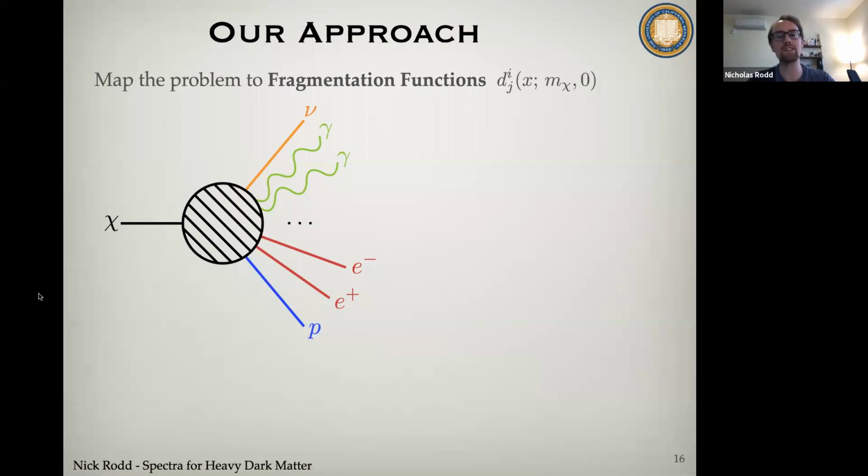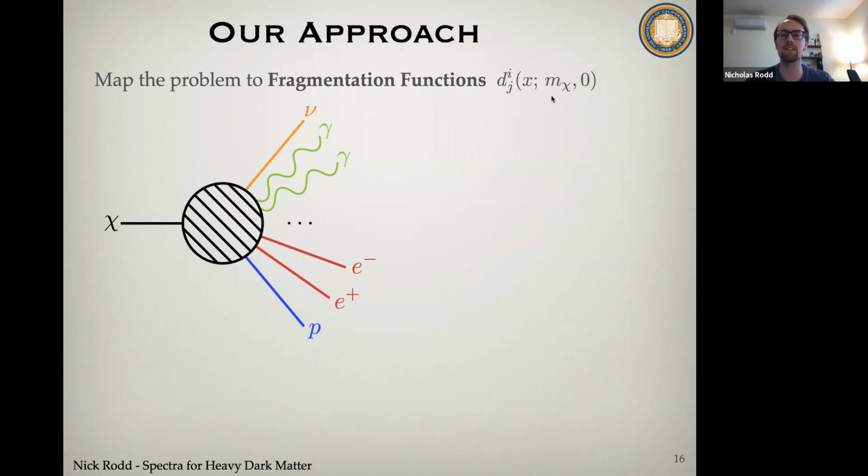So again, let's go back to this example calculation I mentioned earlier of thinking of dark matter decay, and what we want to get is the stable states out at the end. Well, as Jen alluded to, what we're doing here is mapping this to something that we know how to calculate very well, or at least there's a large developed literature in QCD. And this is the concept of fragmentation functions. I'm sure many people in this audience are very familiar with these, but let me remind you if you're not.